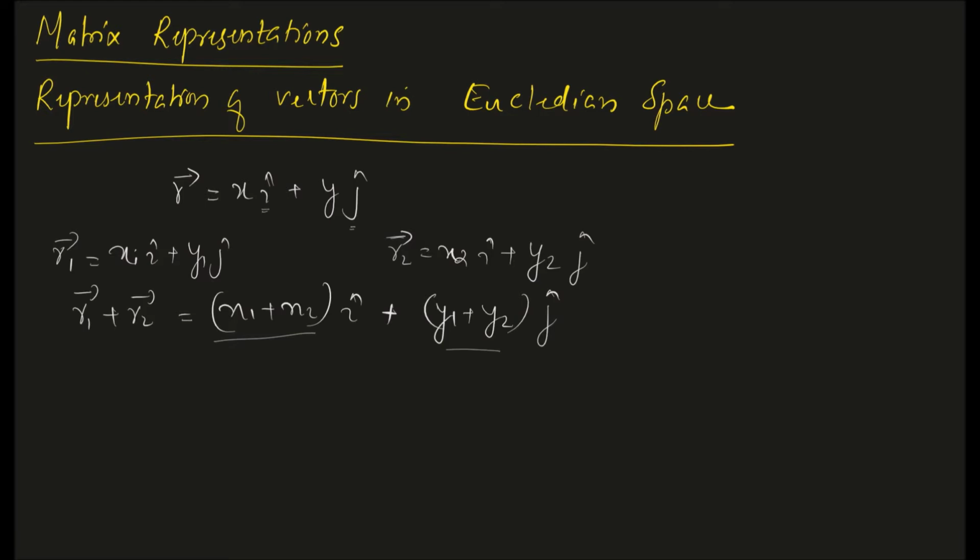Now it is important to note that while a vector is a unique geometrical object, there is no unique choice of basis vectors. Hence the components of the vector will change depending on the choice of basis vectors. Thus we could equally well have chosen another set of basis vectors, i prime and j prime, like this one.